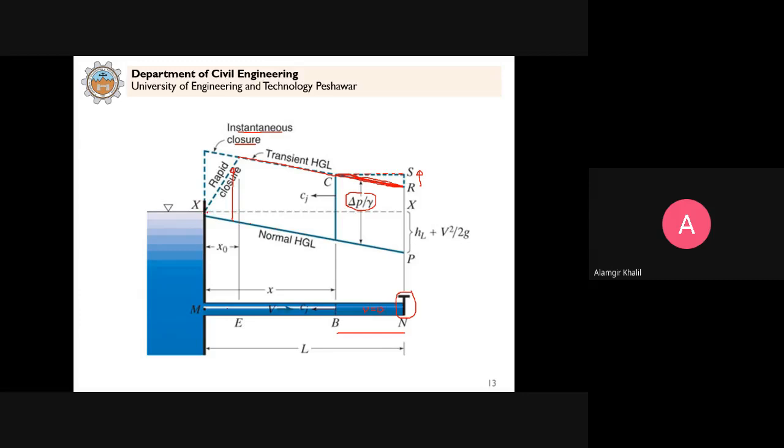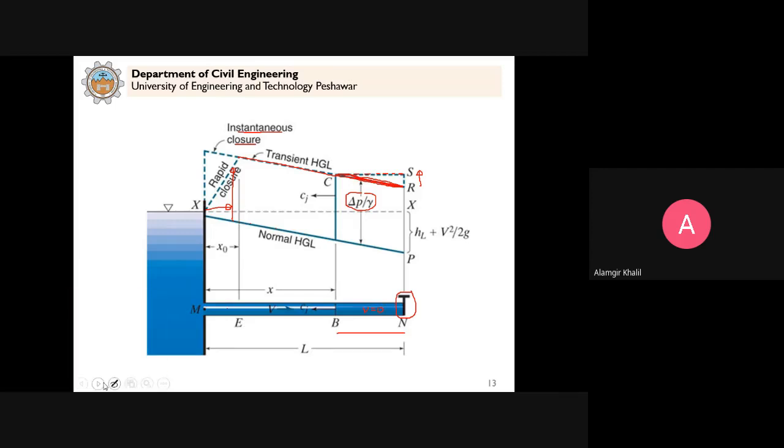The unloading pressure wave has already arrived here, and it will keep the pressure here. It will not allow the pressure to reach the maximum value. So the more you move closer to point M, the lesser the pressure will be as compared to the maximum value.